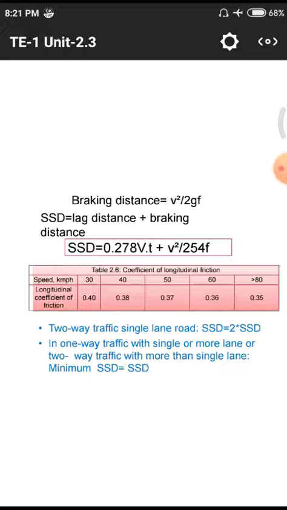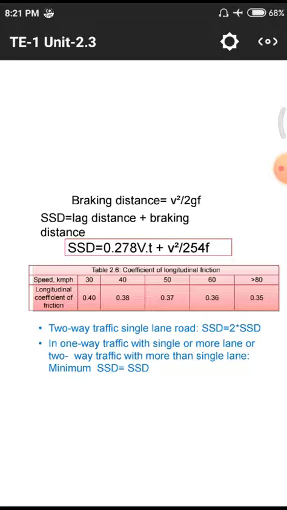Okay, so the stopping sight distance equals 2 into SSD in a two-way traffic lane. In a one-way traffic lane, the stopping sight distance equals the normal stopping sight distance, because in one-way traffic vehicles are going ahead to each other.